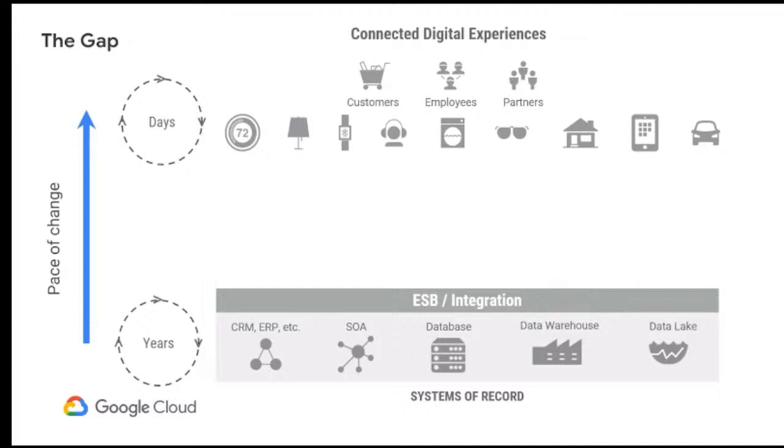They will have ERP, SOA, databases, all kinds of systems, and in order to integrate with each other they would use some ESB or integration layer, a service bus architecture, so that all the different components can share data and talk to each other.